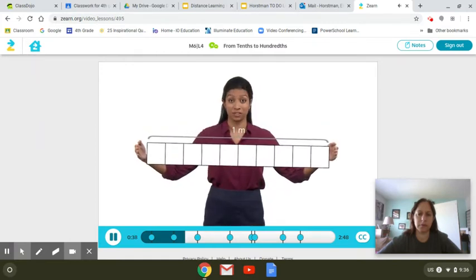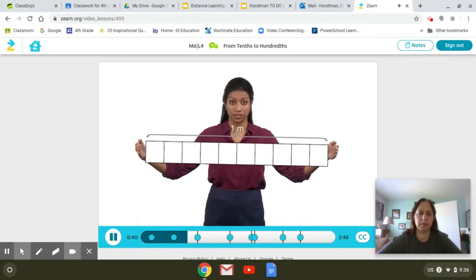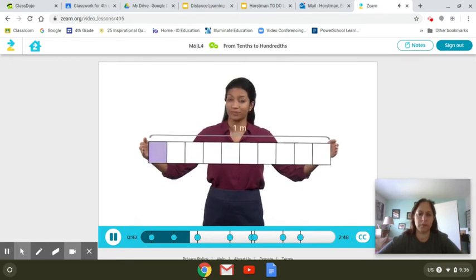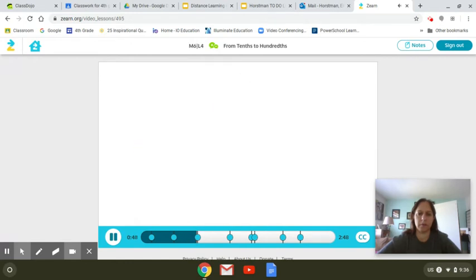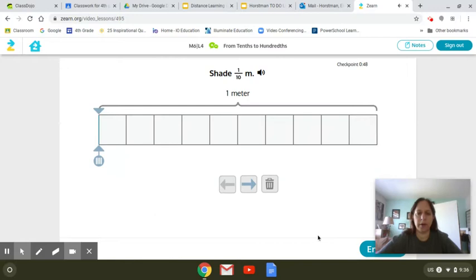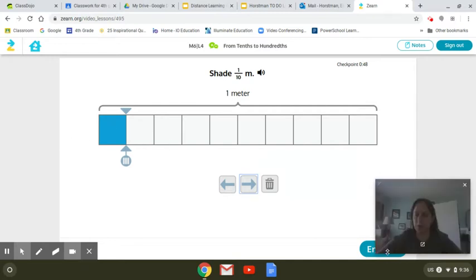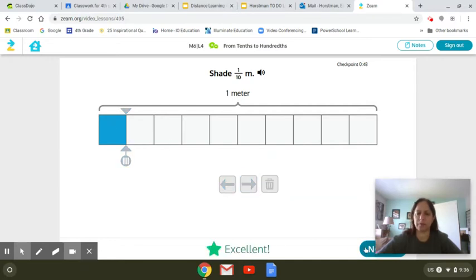This is 1 meter partitioned into 10 equal parts. Let's shade 1/10 meter. How many centimeters equal 1/10 meter? If we think about that, we have 1/10, one piece out of 10. That's what we're shading.